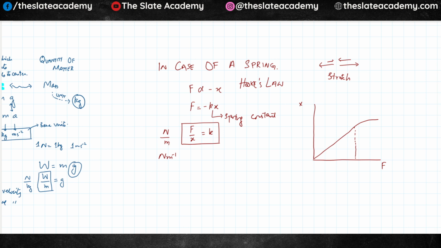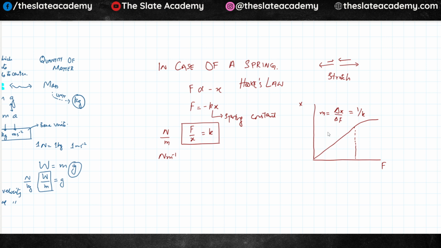For this one, if we see what is the gradient of this line, gradient is delta x by delta F, because delta y by delta x is gradient. So this is equal to 1 over k.